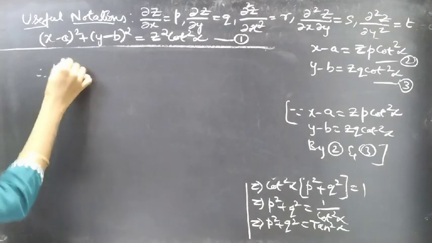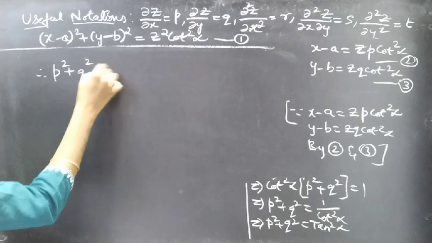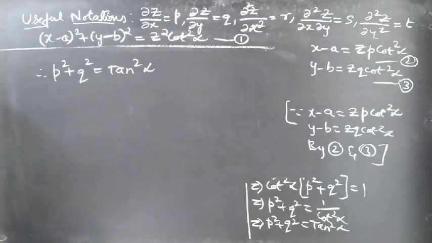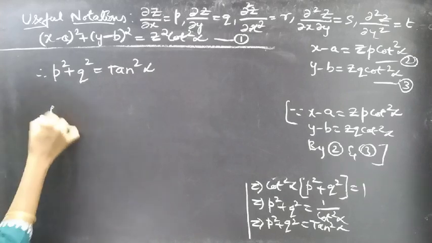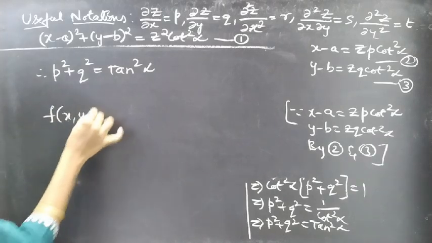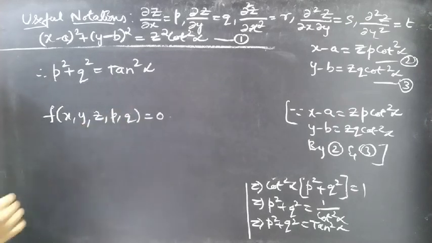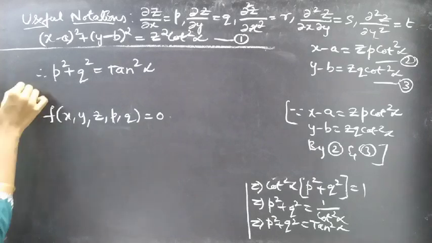Therefore, p square plus q square equal to tan square alpha. It does not involve any arbitrary constants a and b, and it is also of the form f of x, y, z, p, q equal to 0, right? And it does not involve any constants, so this is the required partial differential equation.